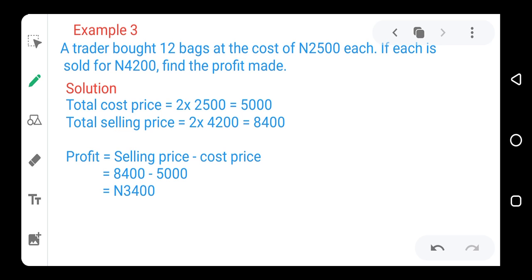For us to get the total profit made by this trader, we have to get the total cost of buying the items and the total amount realized in selling them. Now one product is bought for 2,500 naira and the person bought 12 pieces.